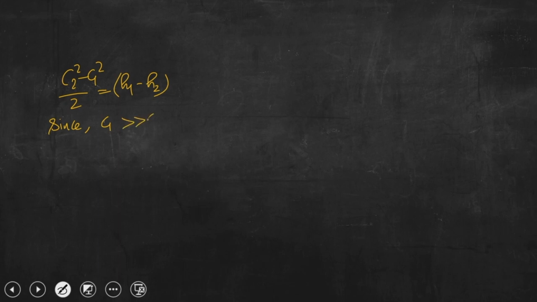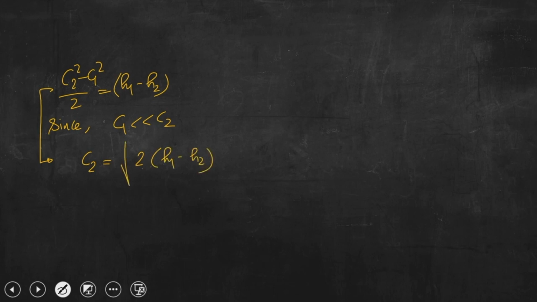Then we can write C2 square minus C1 square by 2 equal to H1 minus H2, and since C1 is much less than C2, from this equation we can write C2 equal to the square root of twice into H1 minus H2.